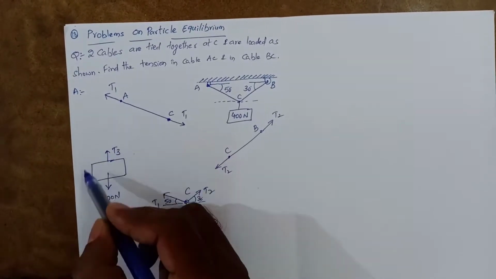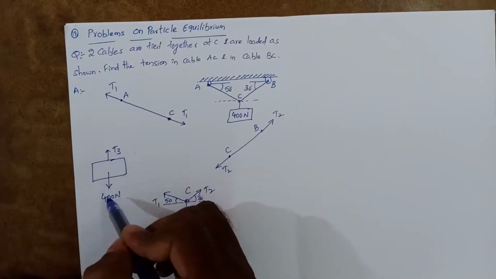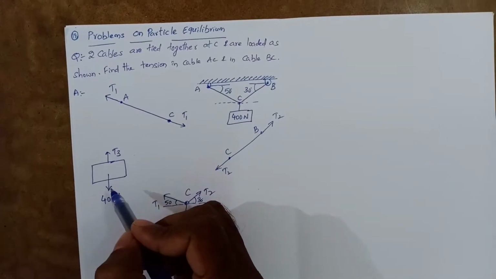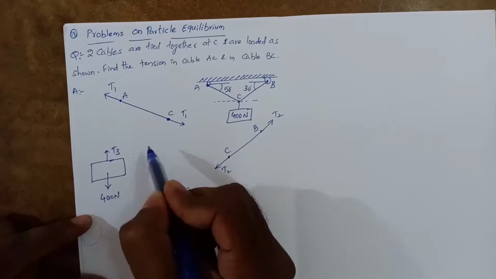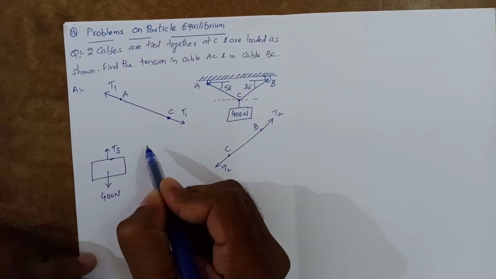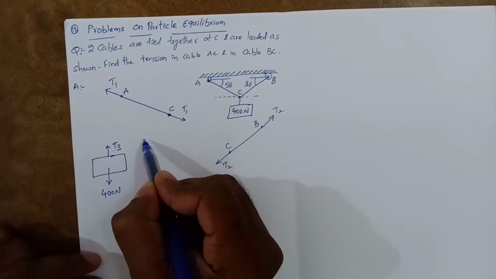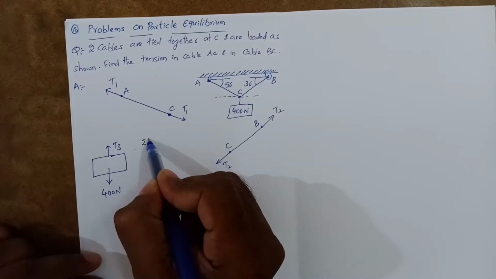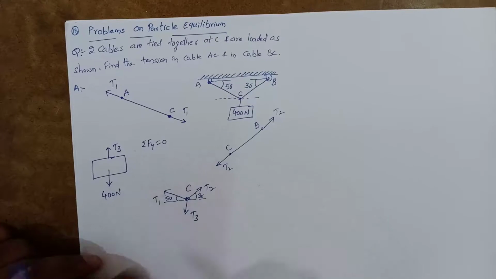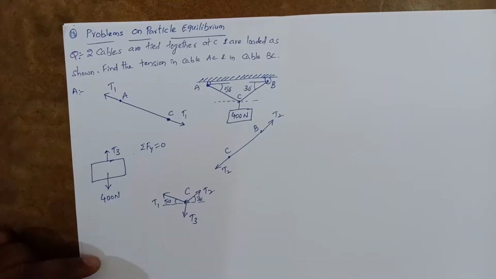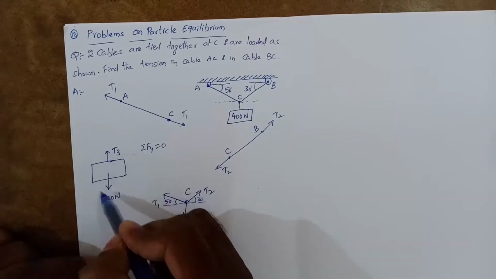Now, if you consider this free body diagram for this weight of 400 Newton, this weight is not moving in the y direction, so net force in y direction is equal to 0 for this body.